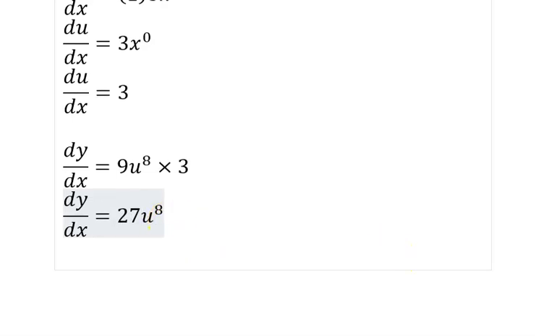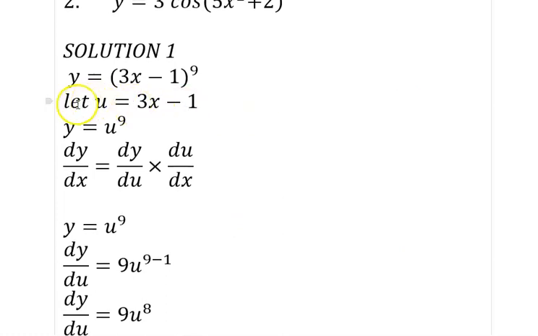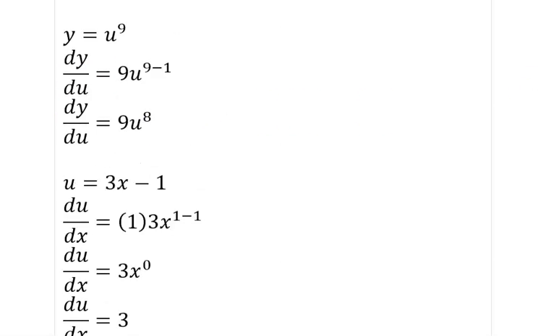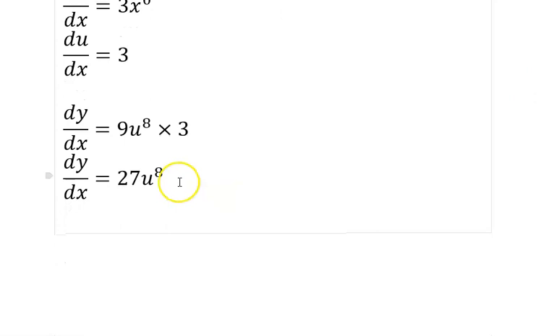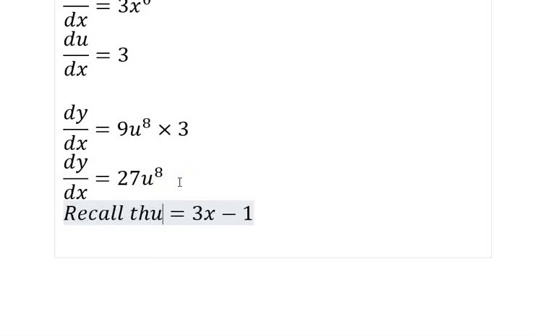But don't forget that our u is something. So let's impute the value of our u back. This is our u. We need to recall that our u is this. So let's impute this value of u back here.